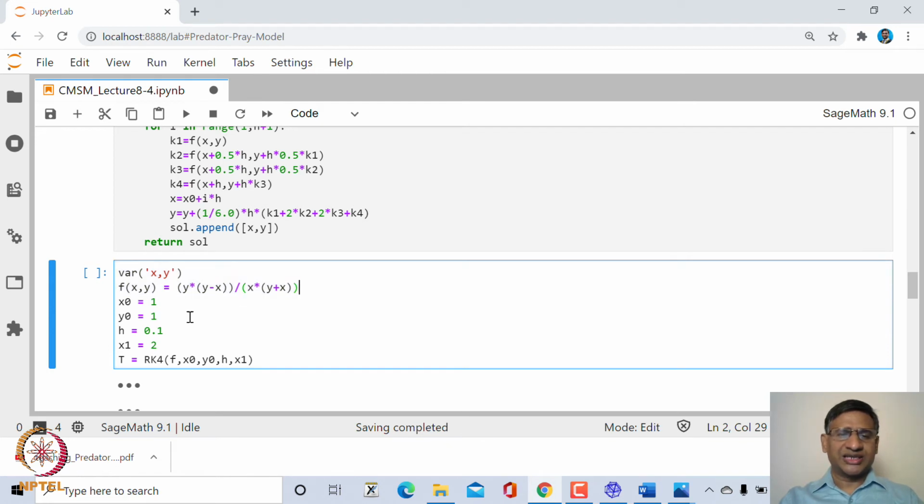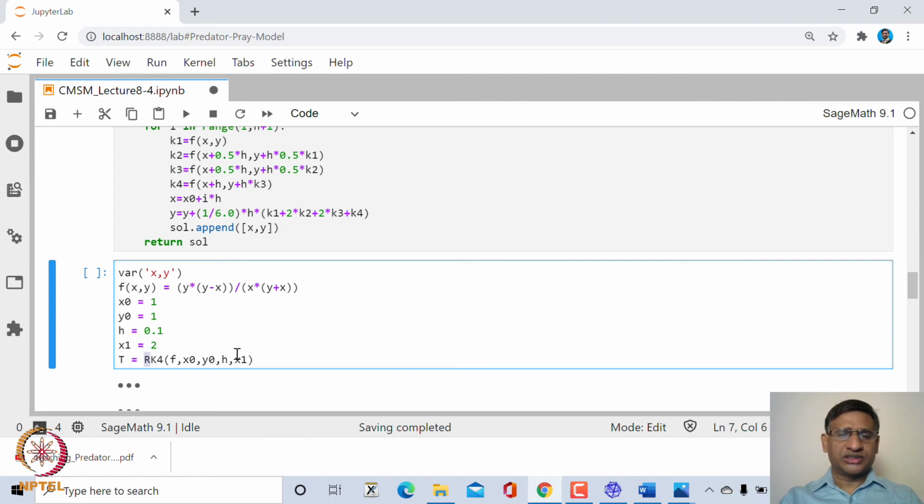So let us look at the same problem, and we are starting with x naught is equal to 1 and y naught is equal to 1. So y at 1 is 1, and the step size h is 0.1, and x1 is 2. So between 1 and 2 you want to find the approximate value of y_i using the RK4 method.